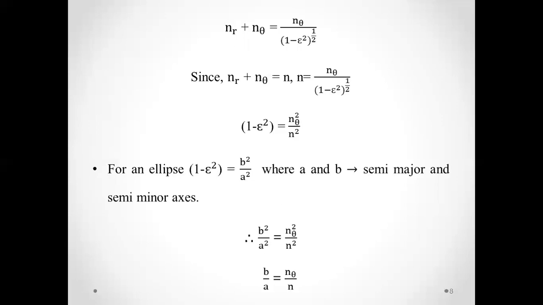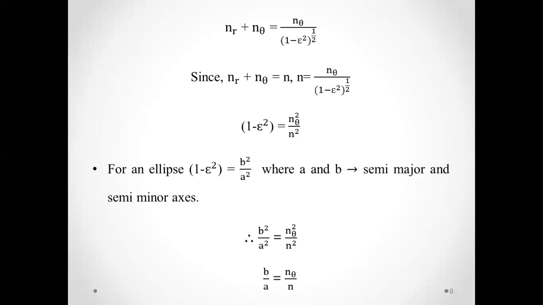Therefore, substituting on the left-hand side, we get n as equal to n theta divided by (1 minus epsilon square) whole to the power of half. From this, we can arrive at the expression 1 minus epsilon square as equal to n theta square divided by n square.